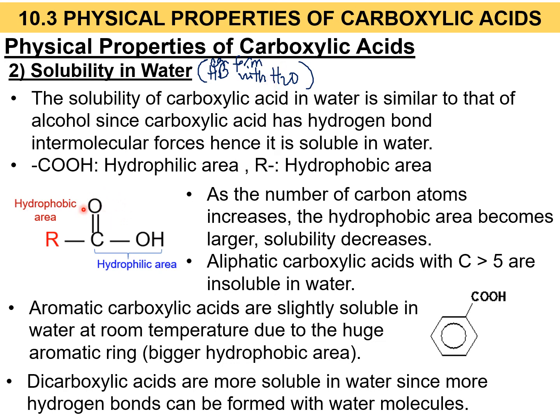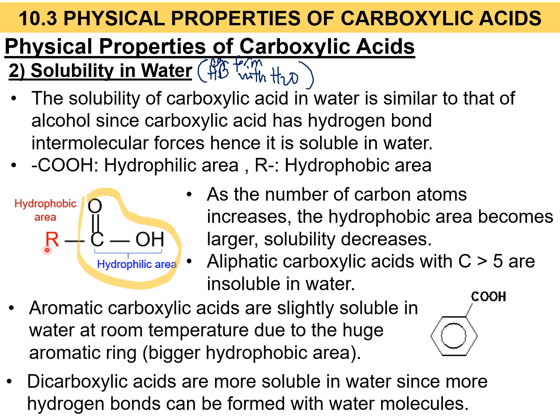Cumanya only the part of C double bond OOH ni sahaja, okay? Because kita tahu functional group C double bond OOH ni dia ada hydrogen bond. Okay, this one. Dia ada hydrogen bond. Tetapi the alkyl group yang attached pada hydrogen bond tu dia tak boleh soluble in water. Okay, sebab dia ada van der Waals forces.